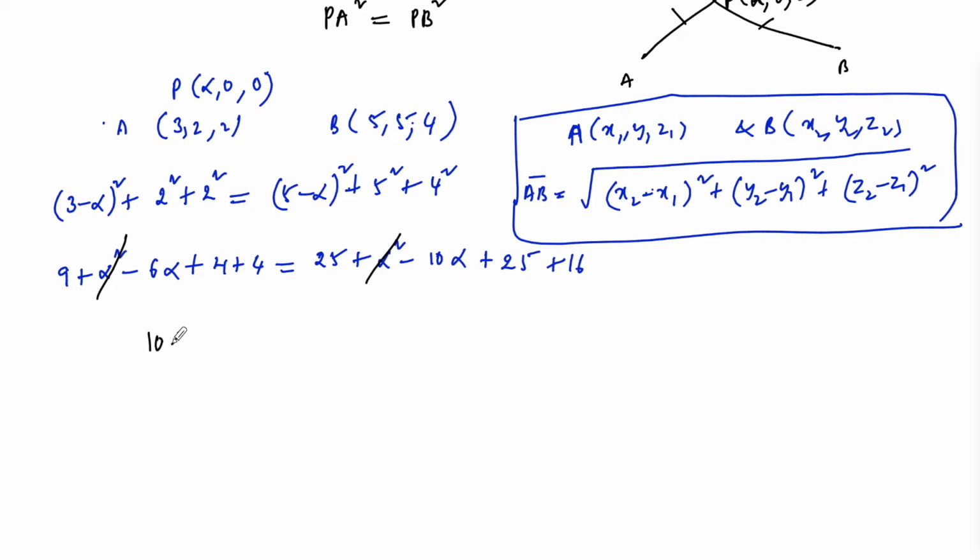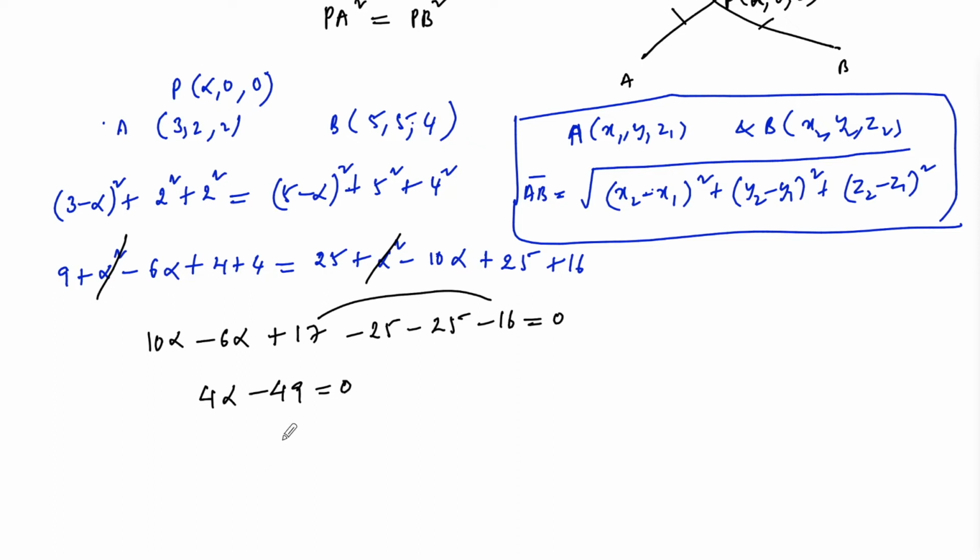So we can bring minus 10 alpha over here as plus 10 alpha, minus 6 alpha, plus 17 over here, and the remaining minus 25 and minus 16 is equal to 0. 10 alpha minus 6 alpha is 4 alpha, and 17 minus 16 is 1, and 1 minus 50 is minus 49. So 4 alpha minus 49 is equal to 0. So 4 alpha is equal to 49, which implies that alpha is equal to 49 upon 4.